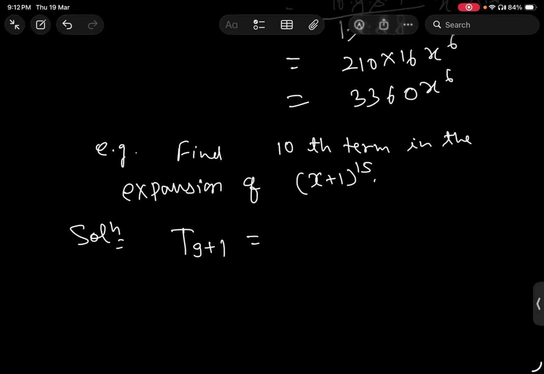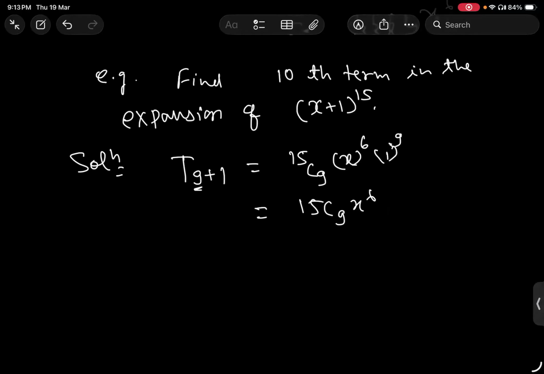And then we will take nCr, where n is 15 and r is 9, and x to the power 15 minus 9, which is 6, and 1 to the power 9. Whatever the power of 1 is, the value is always 1. So we just have to solve 15C9 x^6. This will be the 10th term.